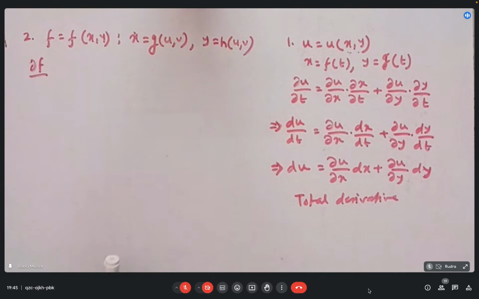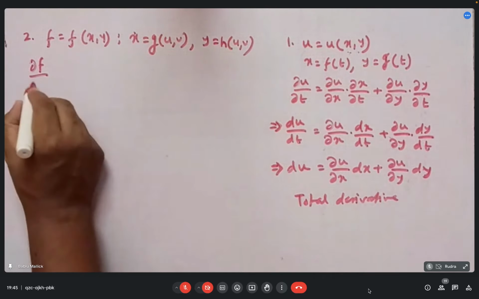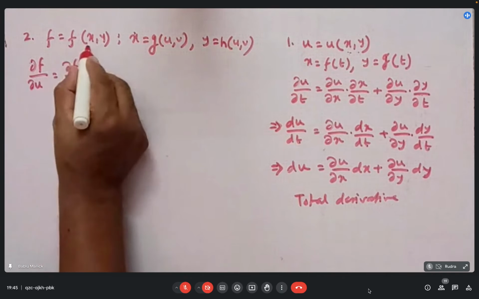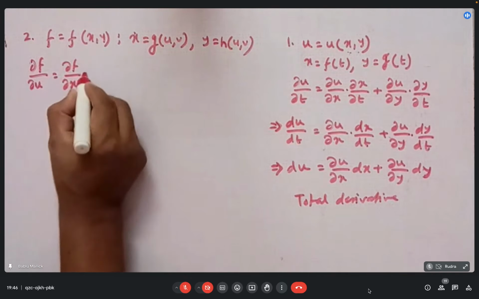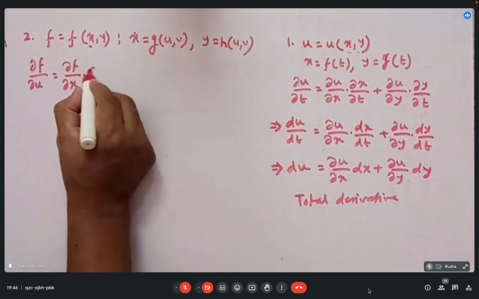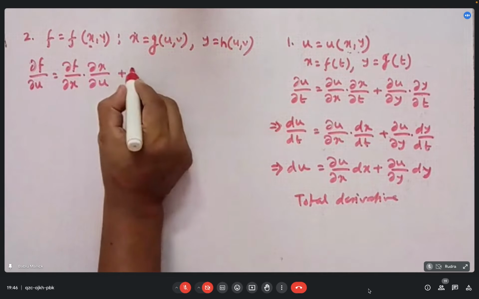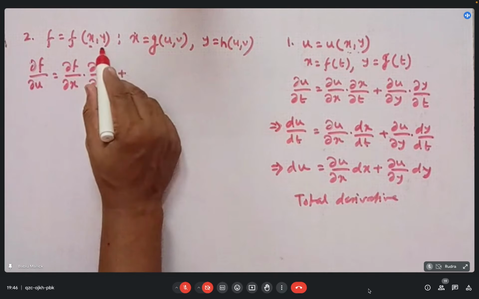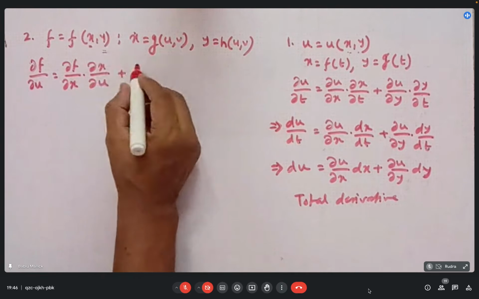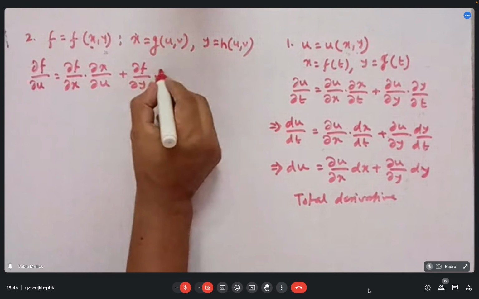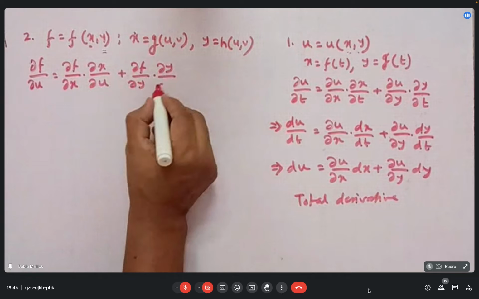So del f del u is equal to, first we shall differentiate with respect to x, and then del x del u, plus next I shall differentiate with respect to y. So it is del f del y into del y del u.